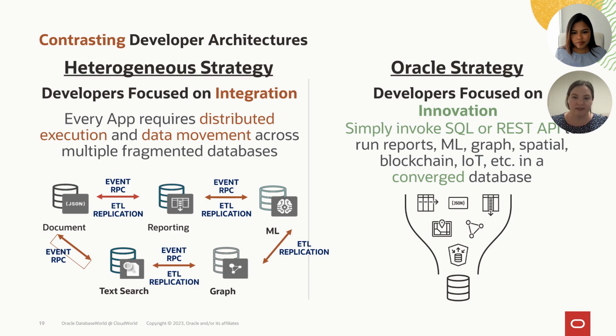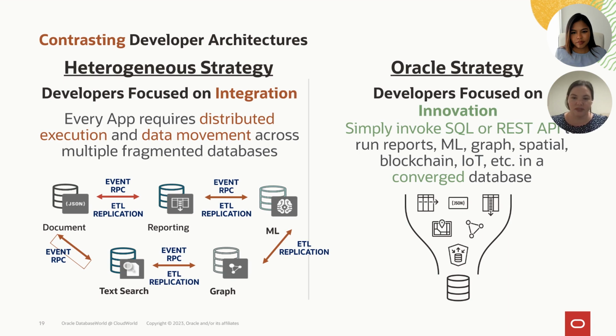Oracle's converged database eliminates the data fragmentation introduced by multiple single-purpose databases by offering support for all data models and workloads in a single database. It also offers integrated support for all of the latest development techniques, like microservices, event stream processing, API-driven development, and even low-code development.